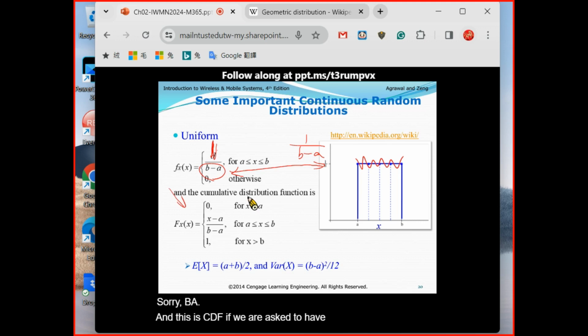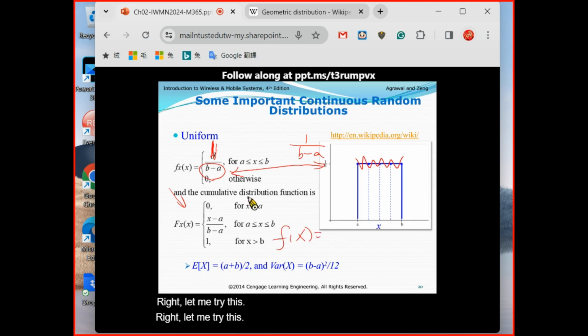And for CDF, in fact, we have a relationship. Given the PDF, can you find the relation for the CDF? Yes. Let me try this.